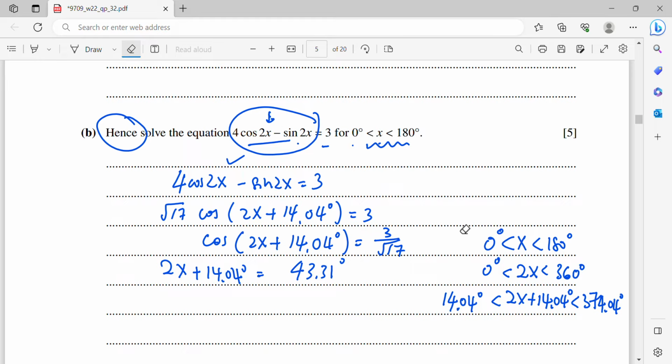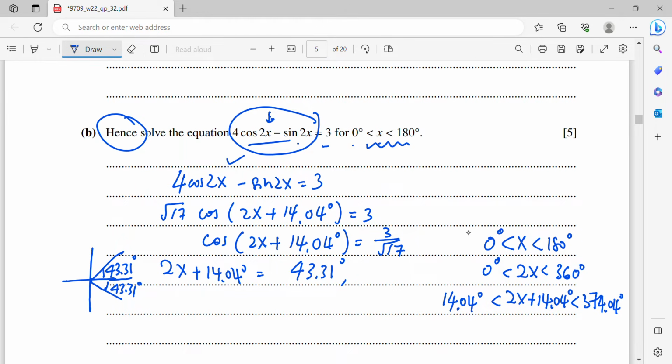I make it 2 decimal places first because later we need to divide by 2. For your information, we are solving cos, and cos is positive in the first and fourth quadrants, which means the first value is 43.31 degrees.